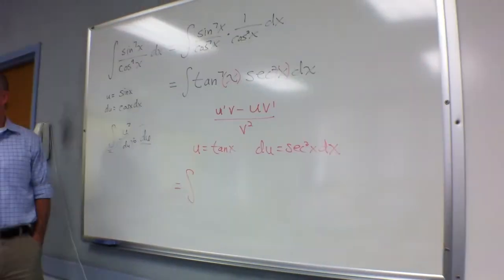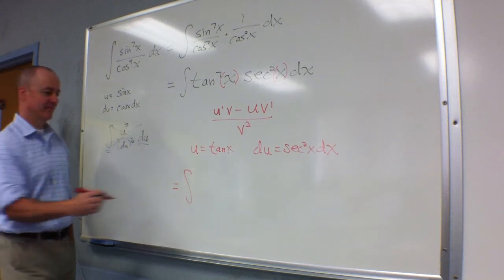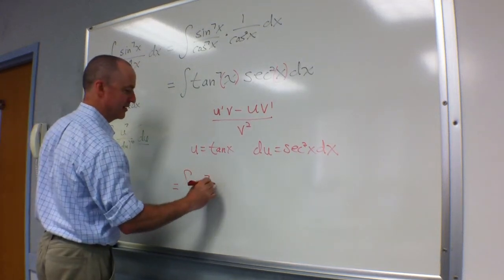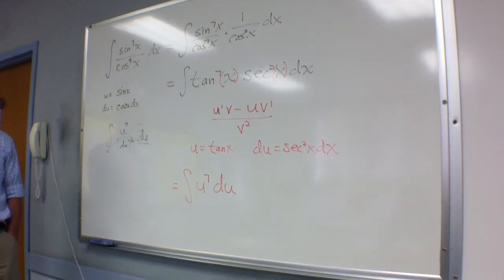Okay, so Joey, what were you going to say this integral turns out to be? Integral of u to the 7th du. And now it's just a power rule situation.